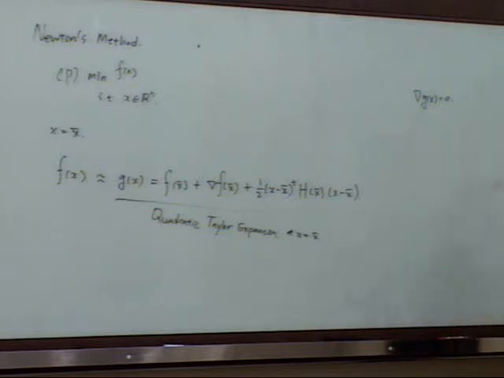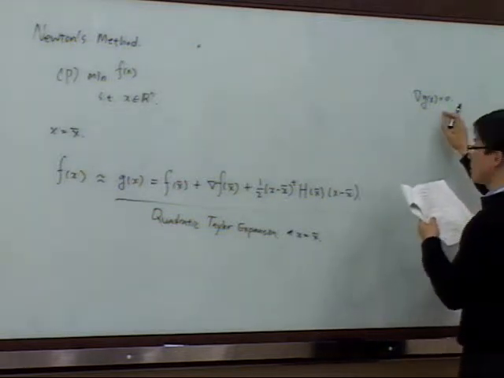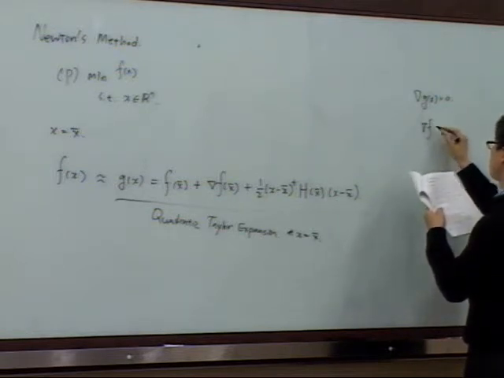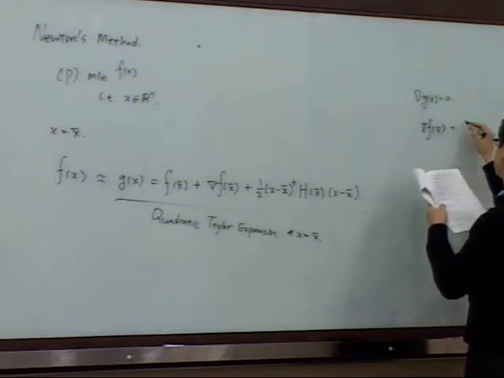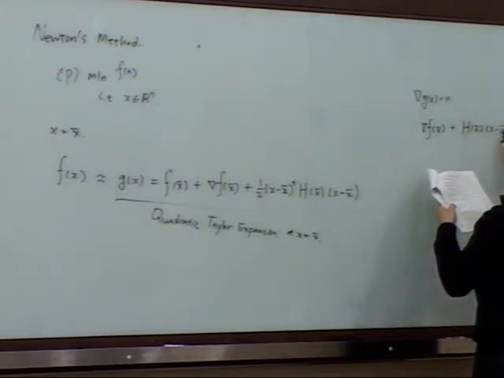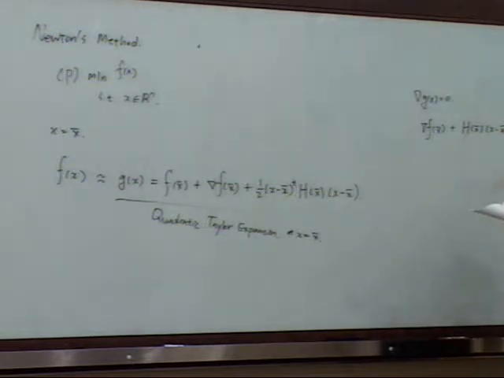Why? It's a quadratic function. This is exactly the same thing as gradient f(x bar) plus Hessian at x bar times (x minus x bar) is equal to 0.